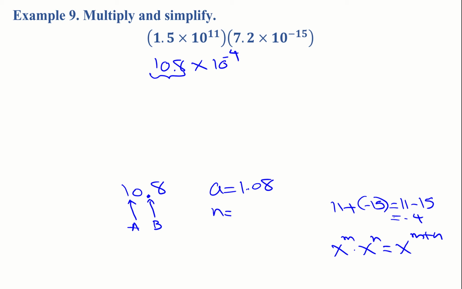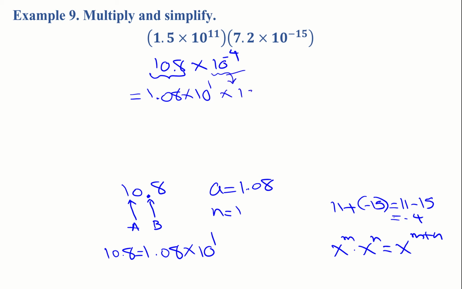And N is the number of places you have to move to get from A to B. Notice one place to the right, 1. So basically 10.8 is the same as 1.08 times 10 to the 1, right? So we're going to replace 10.8 with 1.08 times 10 to the 1. Don't forget, we already had a 10 to the negative 4, which needs to carry.